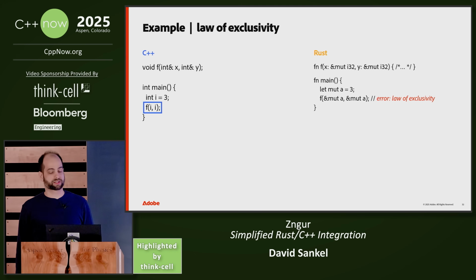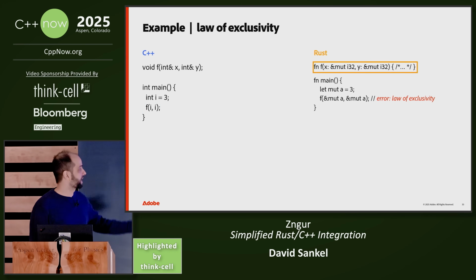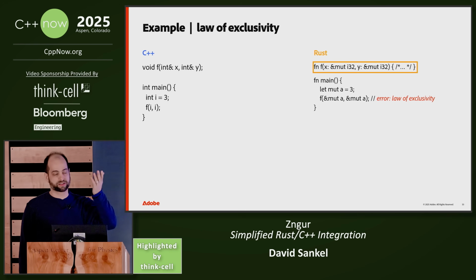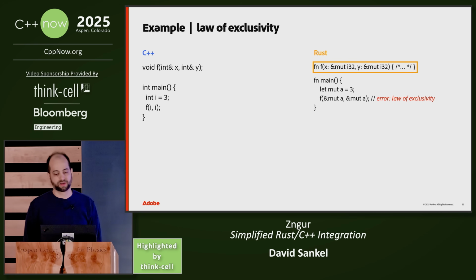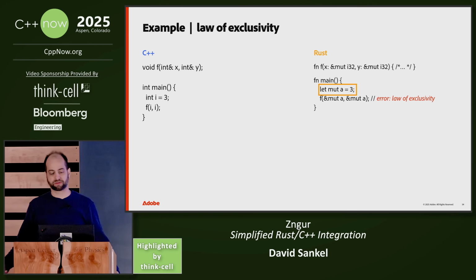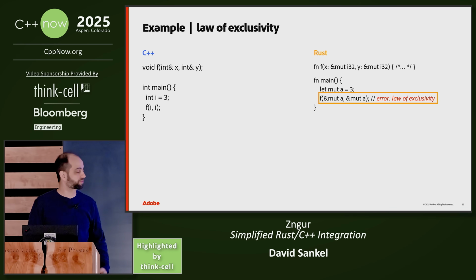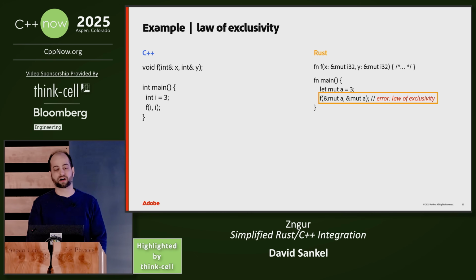If you try something like this in Rust, here we have f with 2 mutable references of i32, that's just 32-bit ints. And in your main function, you have let a equal 3, and you try to call f with 2 references to a, you're going to get an error. It's going to say, sorry, you can't do that because you can only have 1 mutable reference to an object at any given time.